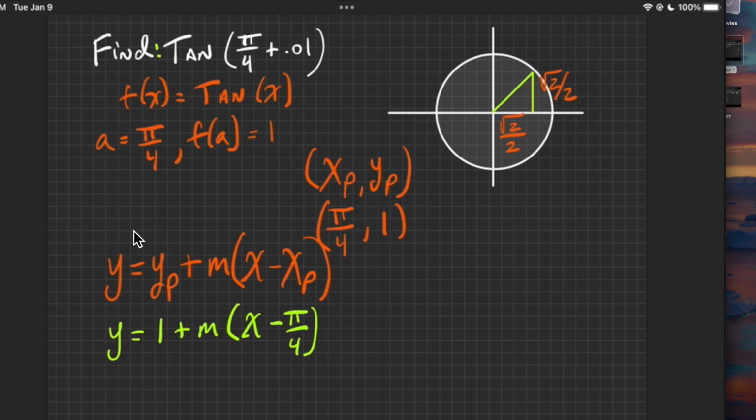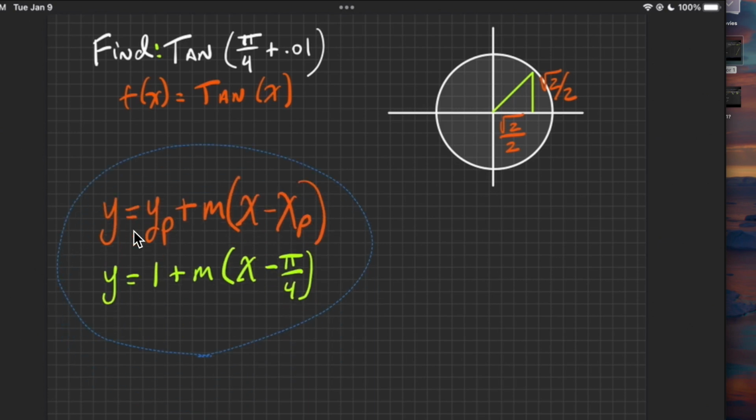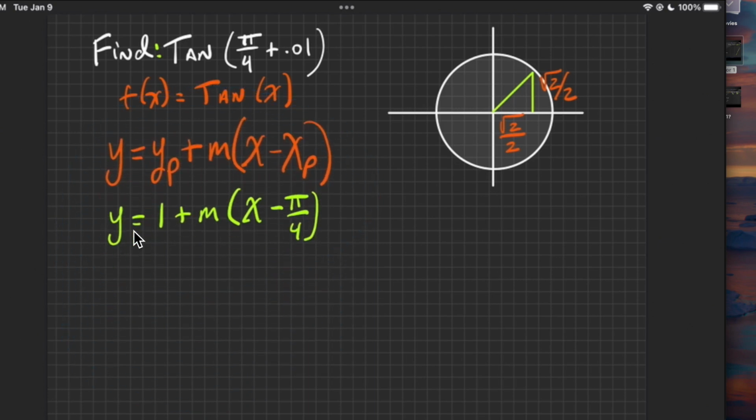Okay, I'm going to erase some of this now, and now let's go ahead and get the slope of our tangent line. How do we do that? We take the derivative and we plug in an x value to get the slope of the tangent at that x value.